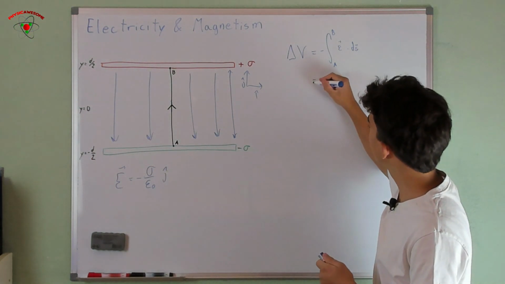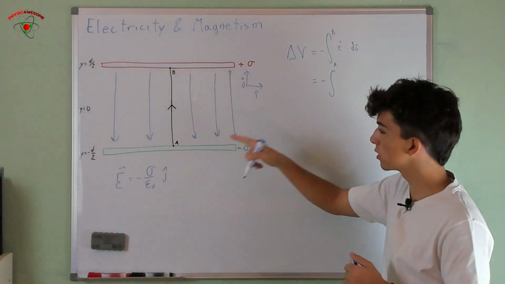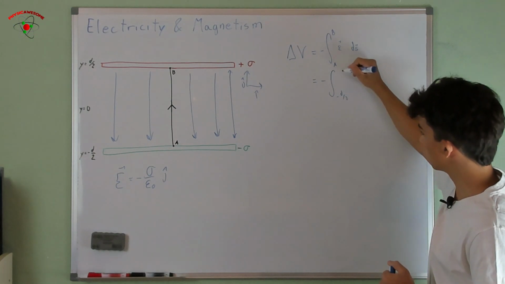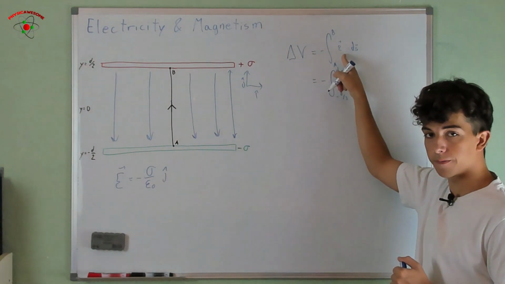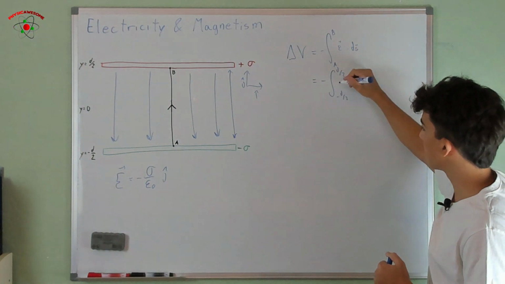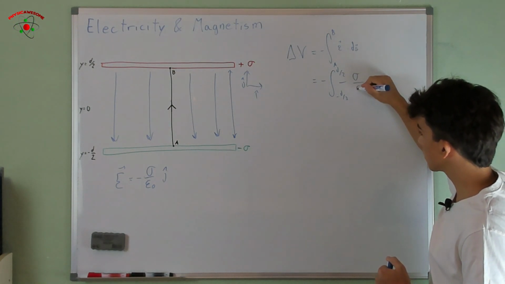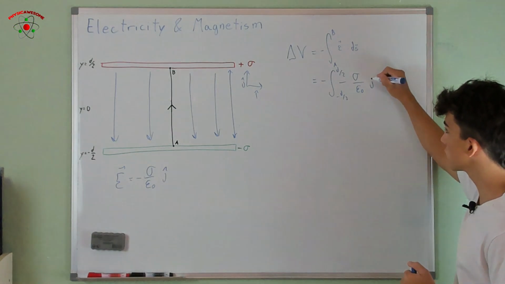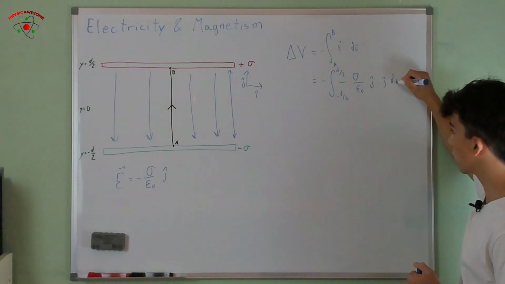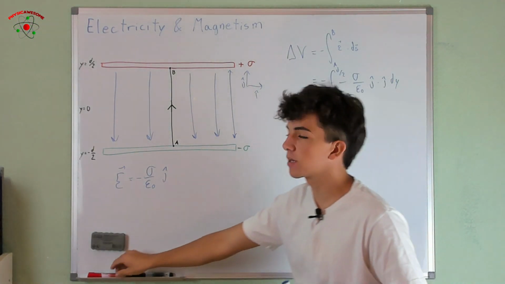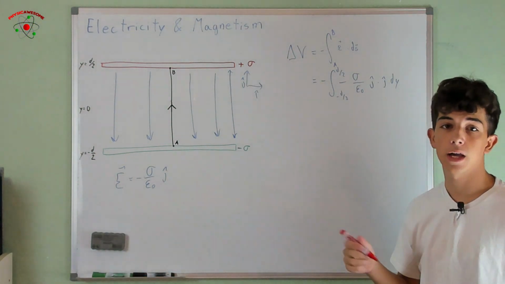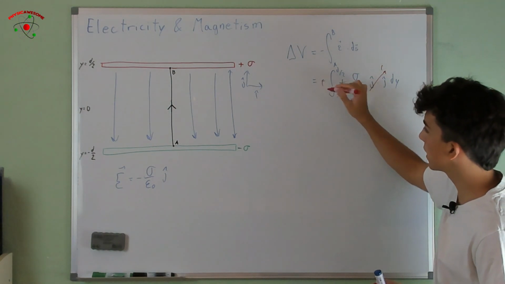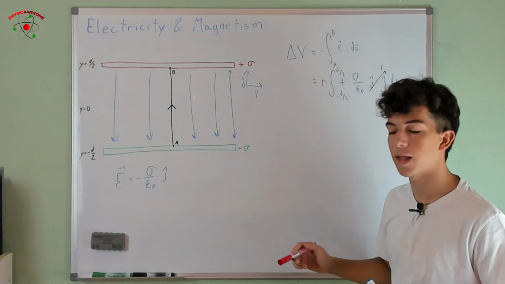So we will have minus the integral from minus d over 2 to d over 2 of minus sigma over epsilon naught in the j hat direction times j hat dy. So we have some cancellations to make over here. The j hat with the j hat give 1, and the minus with the minus gives us a plus sign.